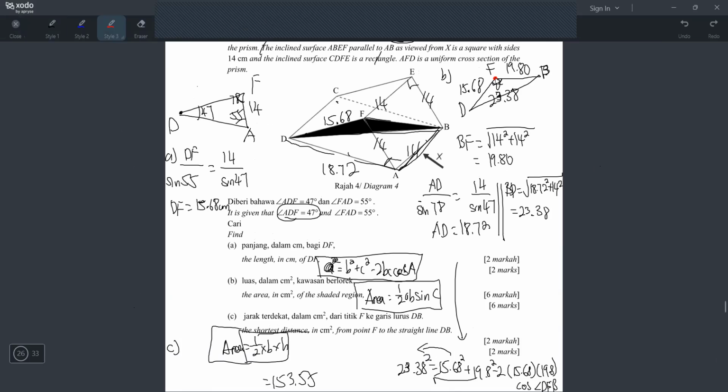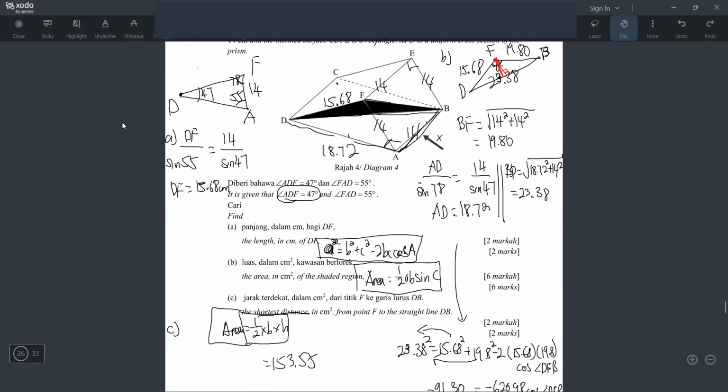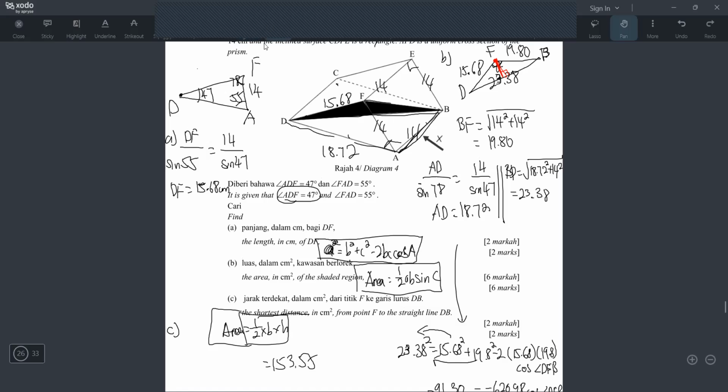So shortest distance from F to DB will be the perpendicular distance. Because shortest distance, it has to be 90 degree, right? So now what I'll do is I will use the 1 over 2 times base times height, but which one will be the base? 23.38 will be the base. And then height, the reason why I want this to be the base is so that the height will be the shortest distance from F to DB.